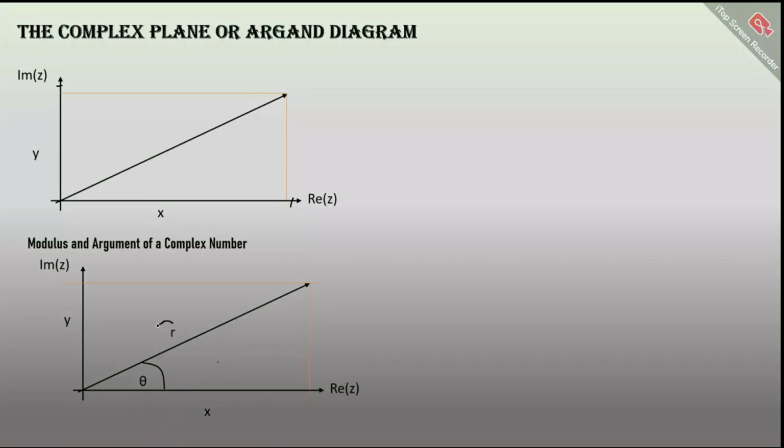This r is the modulus. Then this theta is the argument. Yes, the angle is the argument. Let's talk about it even better. The modulus is given by what? We saw that it's a right angle triangle. So definitely, since we are saying it's the length, we're going to use the Pythagorean theorem.